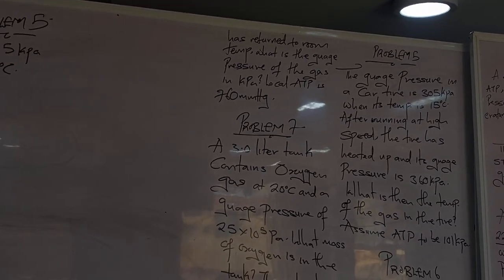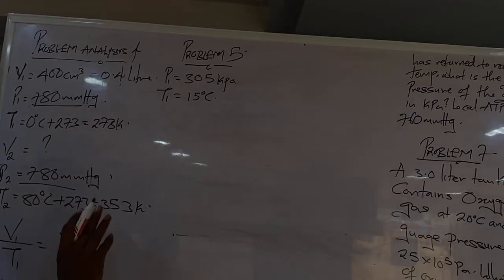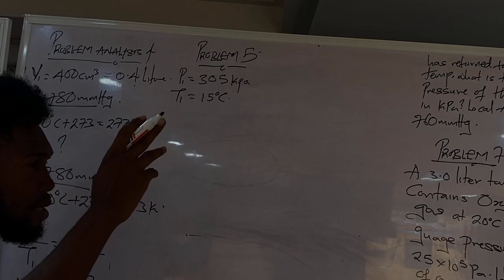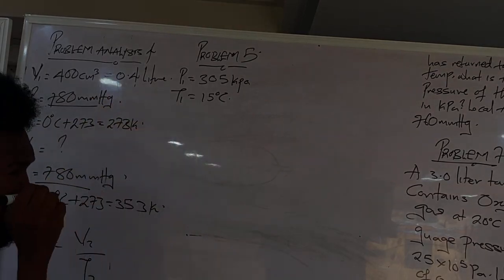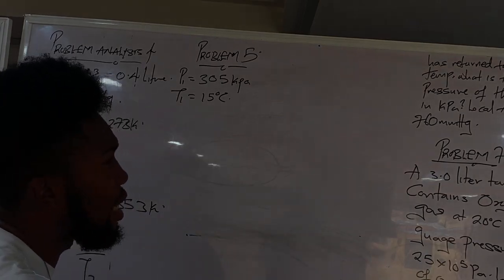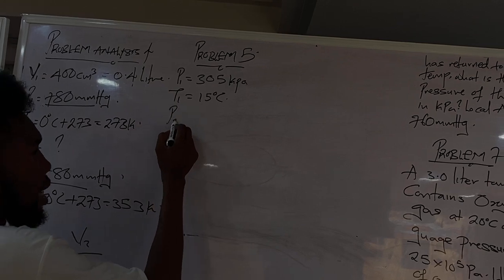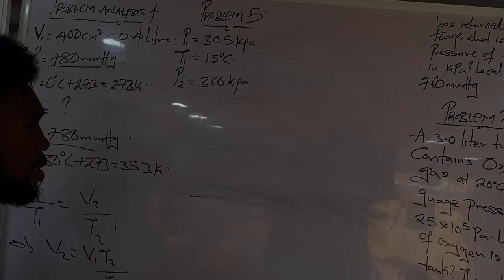After running at high speed, they said it gets heated up, right? So whenever it gets heated up, that means temperature is rising. And when temperature rises, pressure has to go up. That's pressure law. So they said it gets heated up and its gauge pressure is now, so P2 now is 360 kilopascal. Yes, that's what they said.